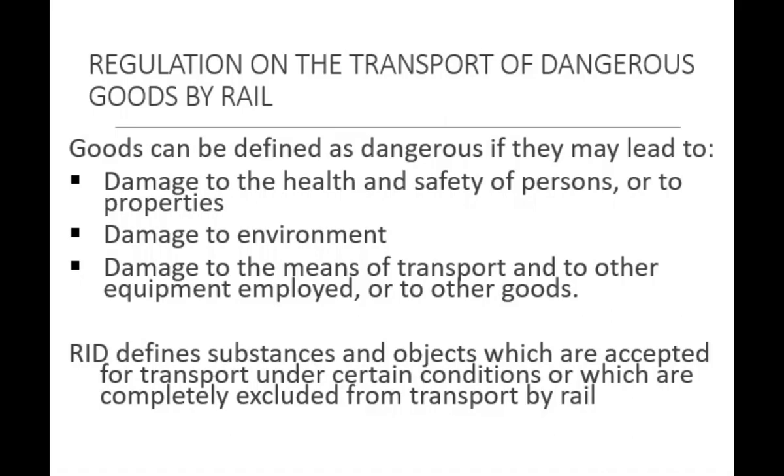I repeat, RID defines substances and objects which are accepted for transport under certain conditions or which are completely excluded from transport by rail. So that in short is the regulation under COTIF that covers the transport of dangerous goods by rail, and it is RID.